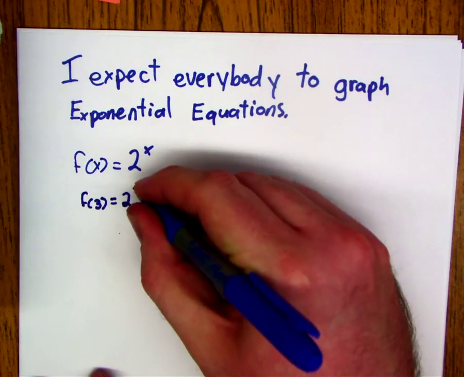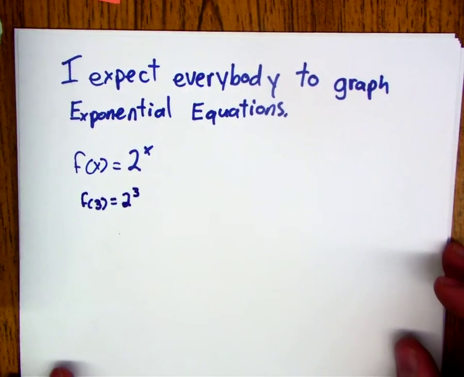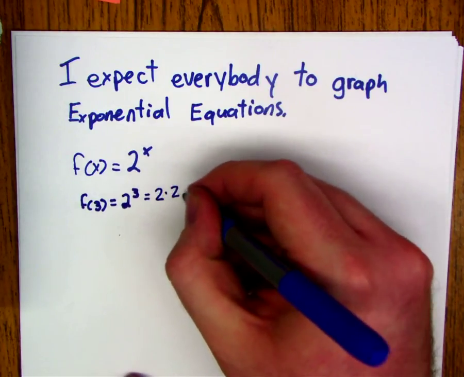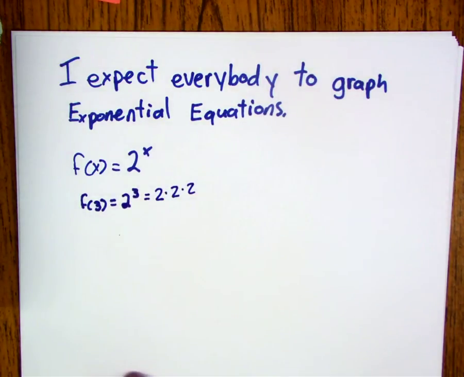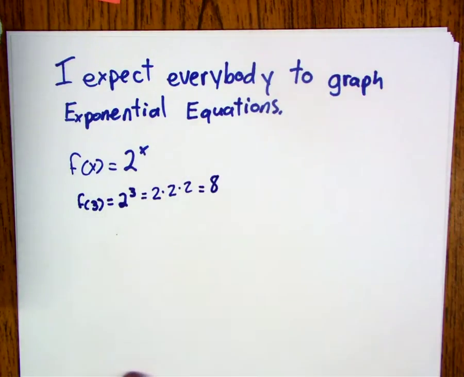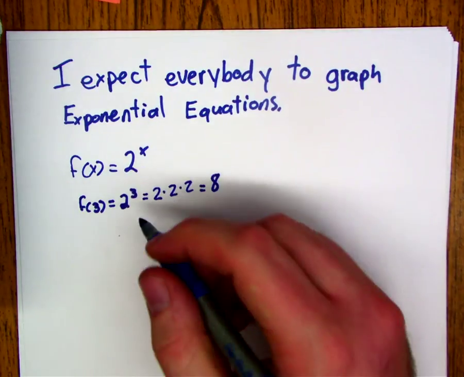In this case, I'd get 2 to the 3. Now just to continue with our little review here, that means 2 times 2 times 2, which means that f of 3 is just equal to 8. Let's start off with getting through the rest of our starter.